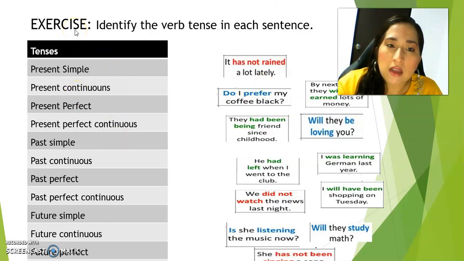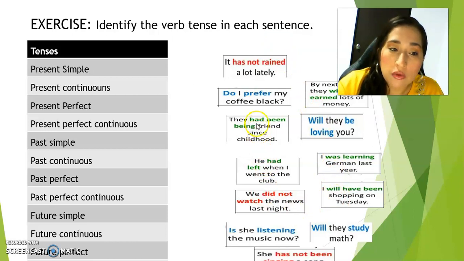Exercise. Please do this exercise in your English portfolios. Identify the verb tense in each sentence. So the idea is to match this sentence with the different tenses. For example, this. I was learning German last year. I was learning.